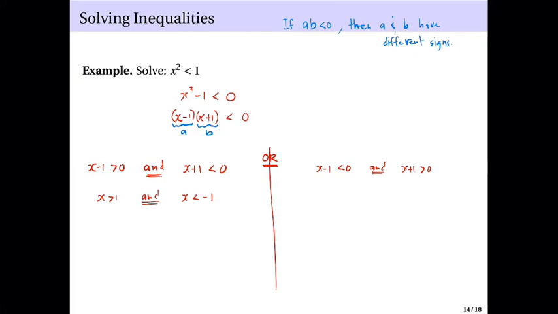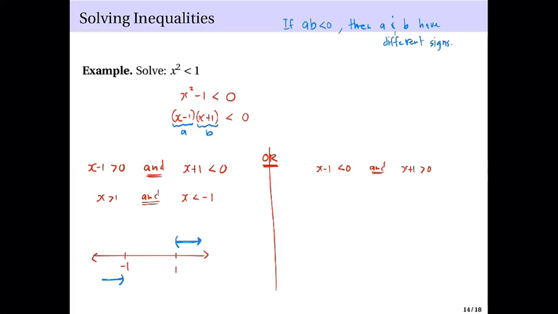Graphically, it's something like this. So this is your negative 1. This is your positive 1. This x greater than 1 is represented by this. So you have all x's greater than 1. This x less than negative 1 is represented by this.